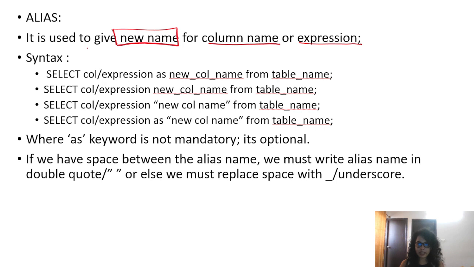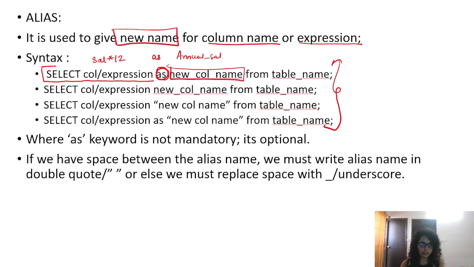You write the select clause, select your column name and expression, and then use the keyword as followed by the new column name. My expression is sal into 12, and I want to change it to annual salary from table name.